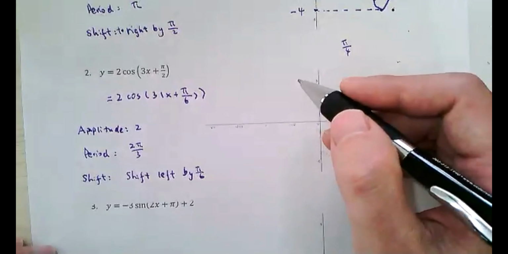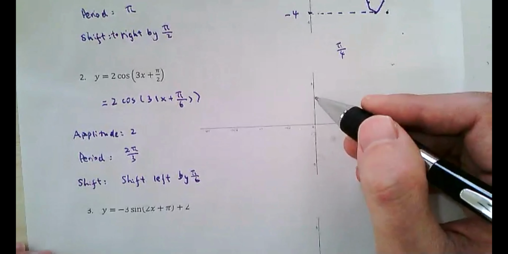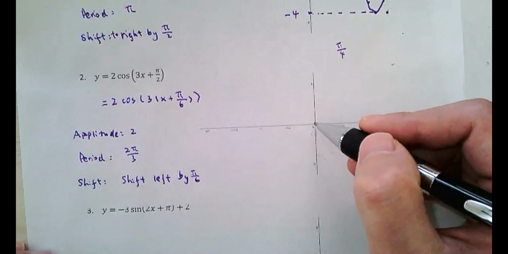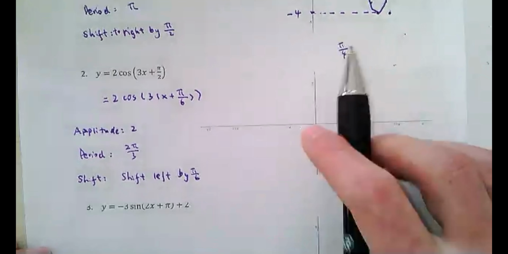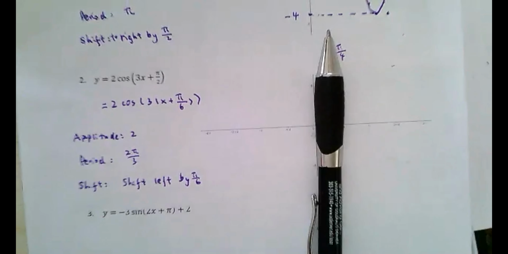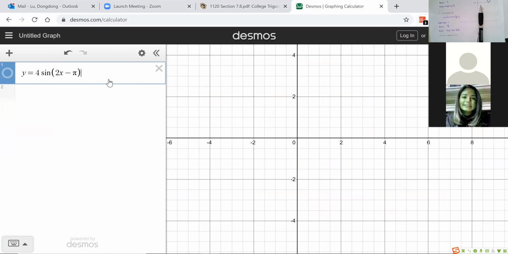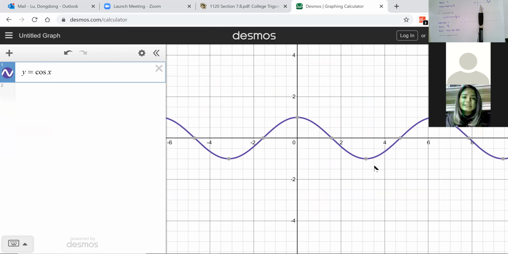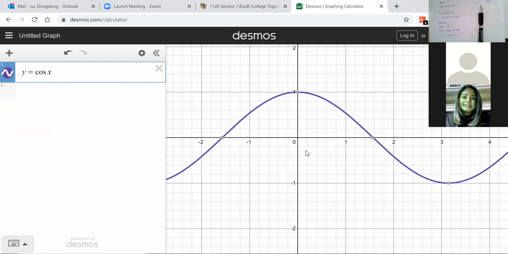Originally, the cosine x starts at its maximum from here, right, at the origin. I hope you still remember. If you don't remember, let me show you immediately. Look, this is our cosine x.